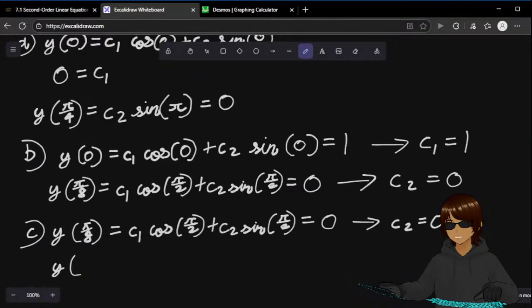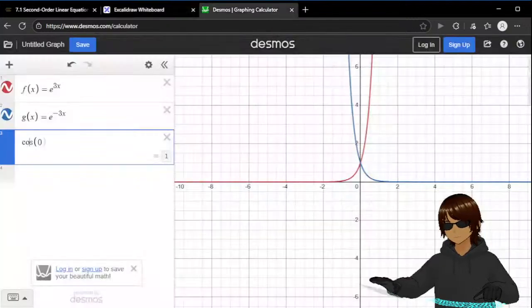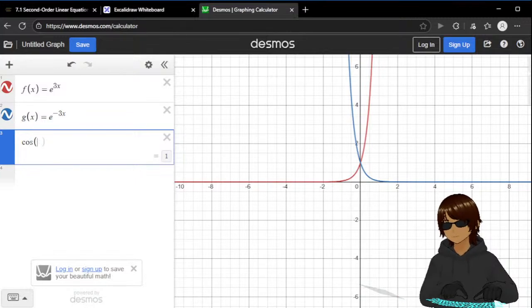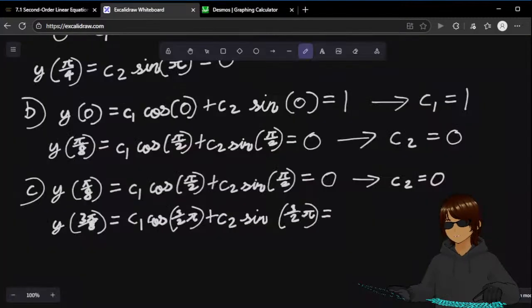y(3 pi over 8) is C1 cos 3 over 2 pi plus C2 sine 3 over 2 pi. Okay, this part is 0. We already established C2 is equal to 0.